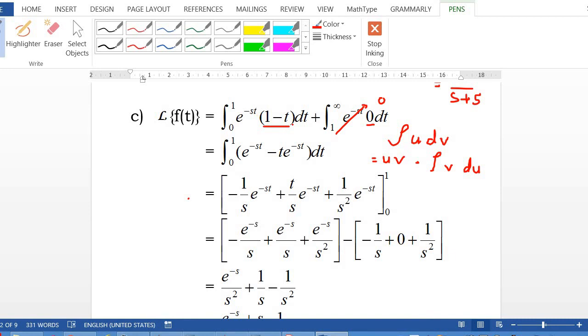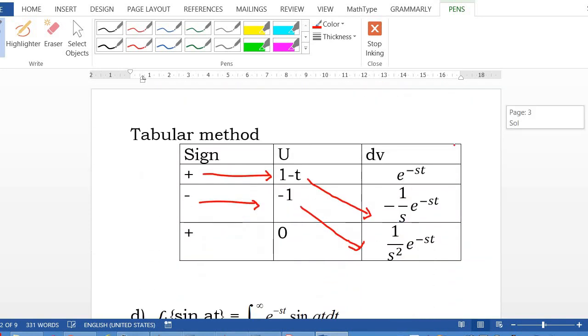For the tabular method, if I have a polynomial, I will choose it to be u. So u is 1 minus t, and e to the negative st dt will be dv. Here I will show you the tabular method. We have three columns. The first column is the sign, alternating and starting from positive.